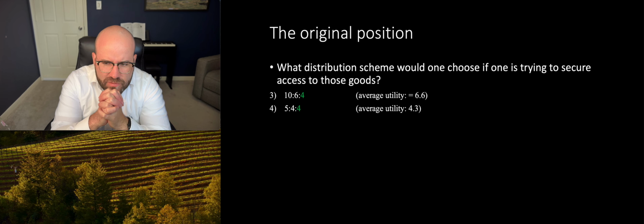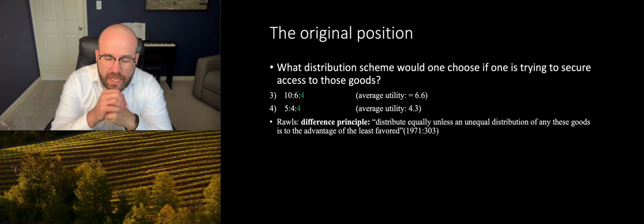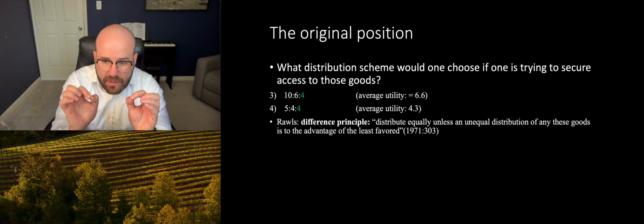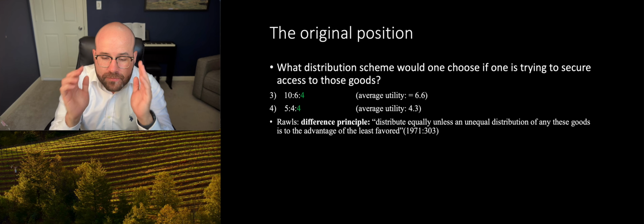Well, maximin doesn't really distinguish between these two. And 3 seems like there's a lot more utility overall. It seems like maybe 3 is more plausible, right? But what does the difference principle say? Rawls says the difference principle says distribute equally unless an unequal distribution of any of these goods is to the advantage of the least favored.